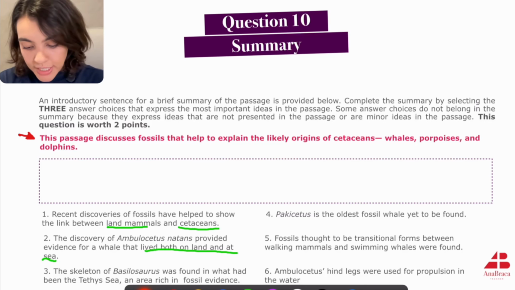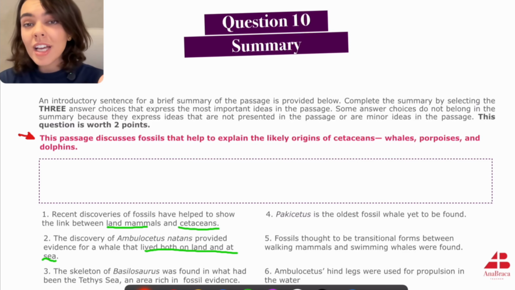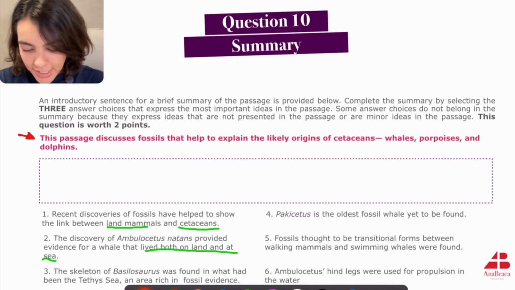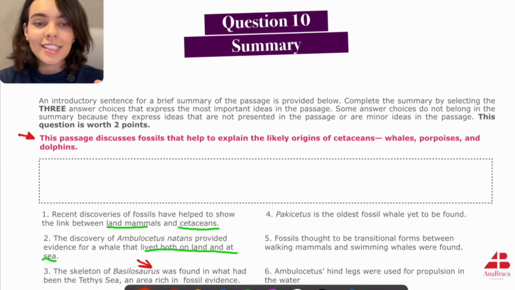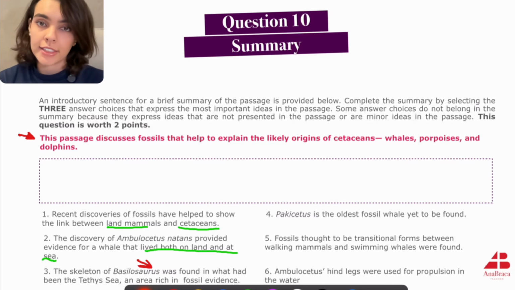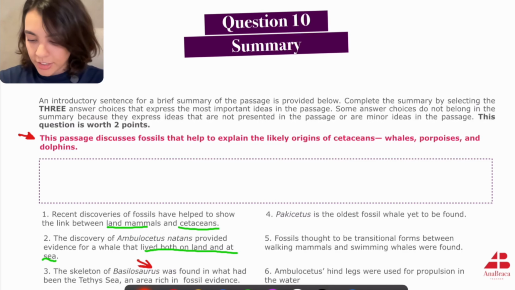The skeleton of the Basilosaurus was found in what had been the Tethys Sea, a rich area of fossil evidence. That is okay too, but this one is bringing a very specific detail, okay? Because we even dealt with this in a question. This is like a detail of a specific type of fossil. So maybe it's not incorrect, but a little bit too detailed.